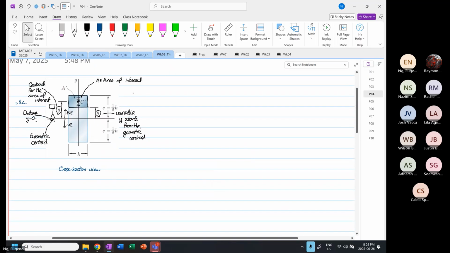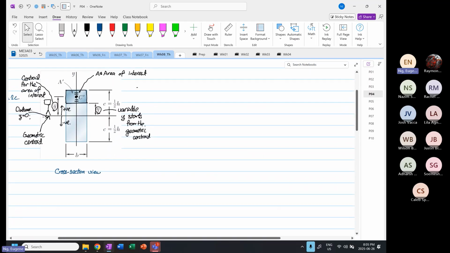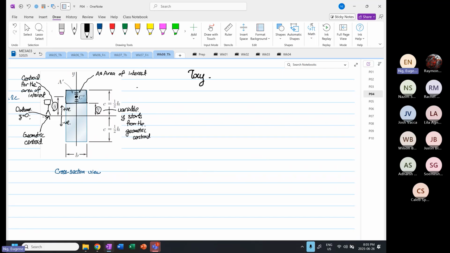Okay, so the equation that we are going to use is shear xy is equal to Vy over Izz, Qz over T. Now, over time, I've done so many of these questions that I have come up with rules, due to the mathematical derivation.